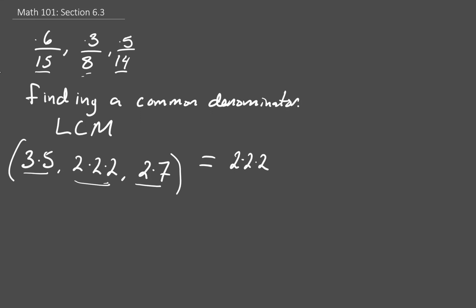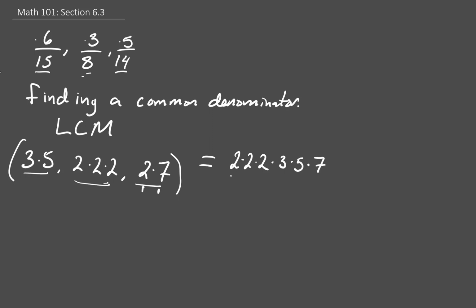I'm going to start with the smallest primes. So I need at least that many 2's so that it will be divisible by 8. I need a 3 and a 5 so that it's divisible by 15. I need a 2 and a 7 so that it's divisible by 14. I already have a 2. In fact, I have 3 of them. I have extra 2's, but I just need 1 2 and 1 7 so that this is divisible by 14.